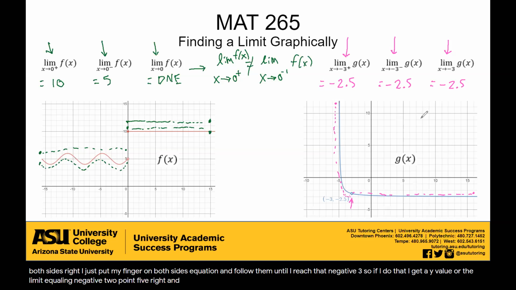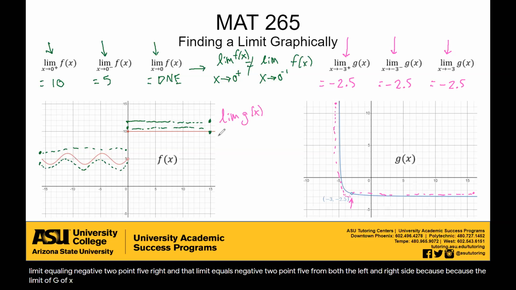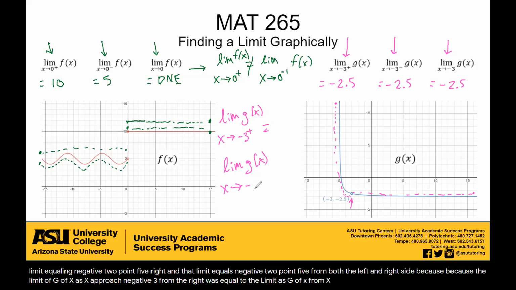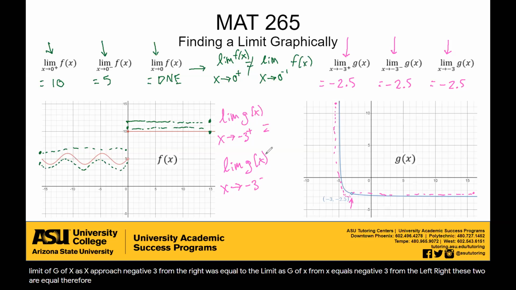And that limit equals -2.5 from both the left and right side because the limit of g of x as x approaches -3 from the right was equal to the limit of g of x as x approaches -3 from the left, right? These two are equal, therefore the limit from both sides is equal.